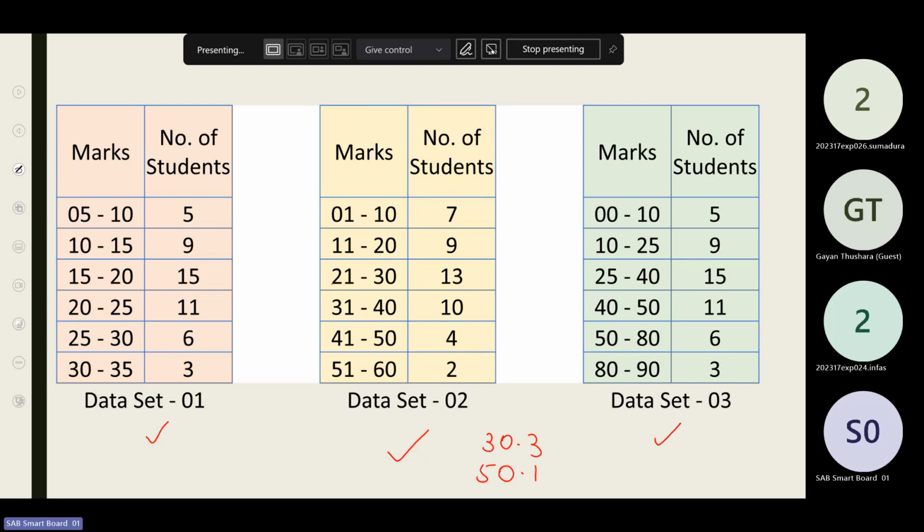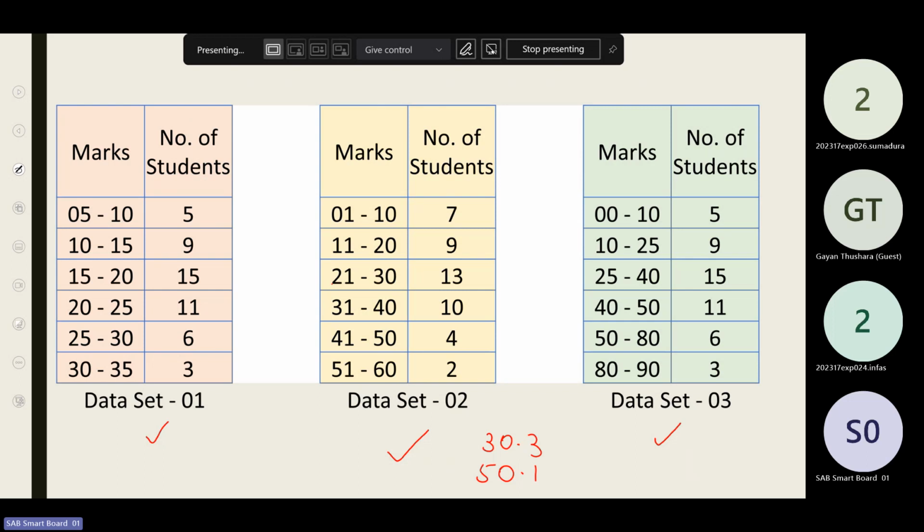From 30 to 31, there is a gap. 31 to 40 we have. So 30.3, we can't put in this data set. Similarly, 50.1, we can't put in this data set. So you can develop the group data in this format if you don't have decimal figures in the original data set. Then yes, this is okay.